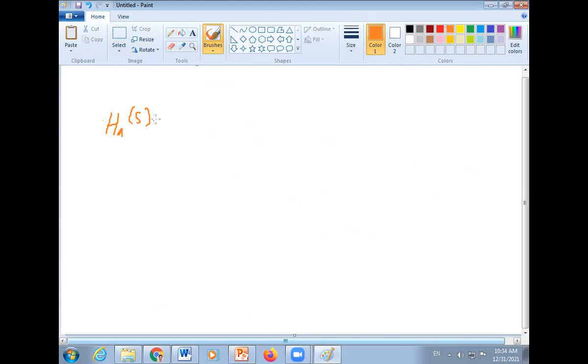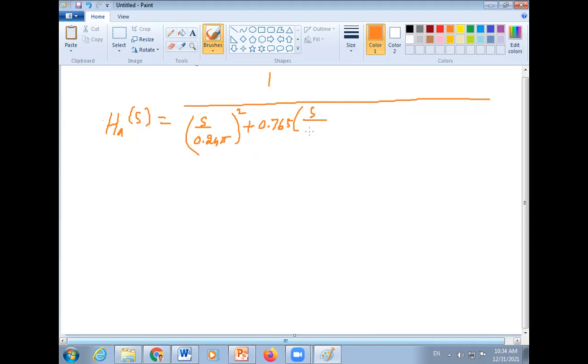H of S is equal to, we can write it as 1 divided by, S divided by 0.245 squared, plus 0.765 into S divided by 0.245, plus 1, multiplied with another bracket term.